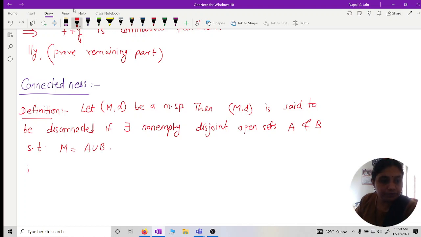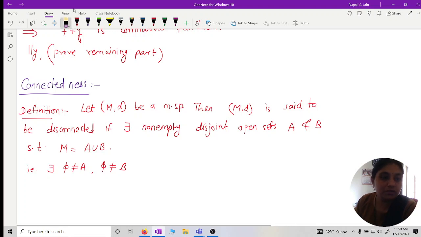That is, there exist A non-empty and B non-empty sets, and A and B are open sets.